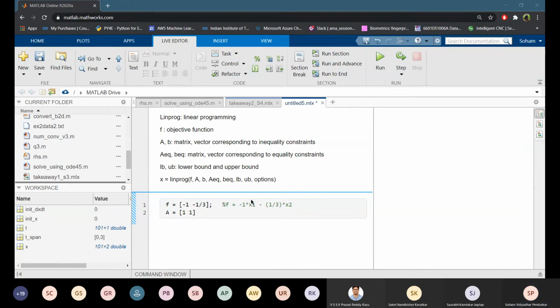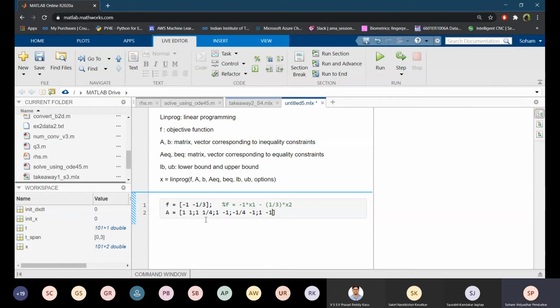A into X less than B. Okay, so I'll write down A. It's like this: 1 1, minus 1 1 by 4, 1 1 by 4, 1 minus 1, 1 by 4 minus 1 by 4, minus 1, 1 minus 1, minus 1 minus 1, and minus 1 1.